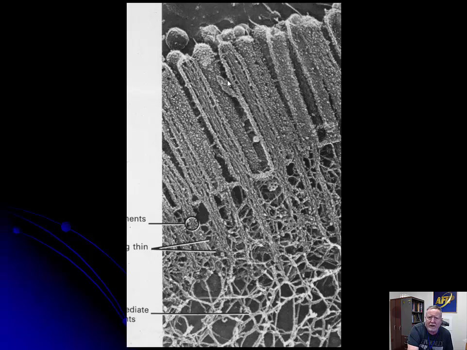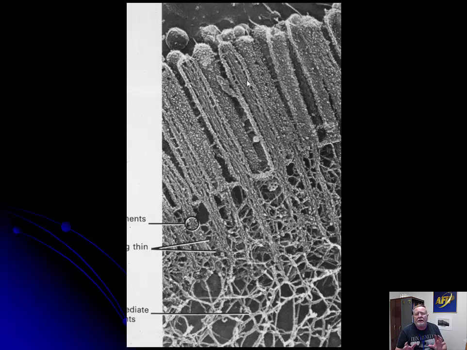And here is a freeze fracture preparation, which demonstrates the microvilli at the top of our prototypical epithelial cell, and you can see all of these little filaments that go up into the microvilli, and these are actin filaments. Actin is the smallest fiber in the cell, and it gives the cell essentially its body, its shape.